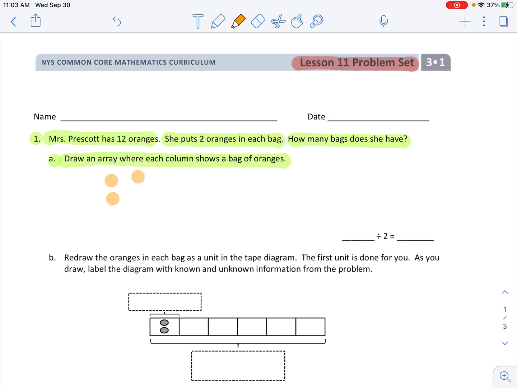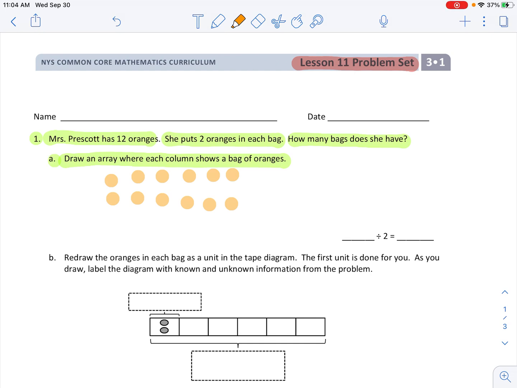In the second bag, she puts 2 oranges. Now we're at 4 oranges. In the next bag, she puts 2 oranges. We're at 6 oranges. Next bag, she puts 2 more. We're at 8 oranges. In the fifth bag, she's at 10 oranges. And in the last bag is where I get to 12 oranges.